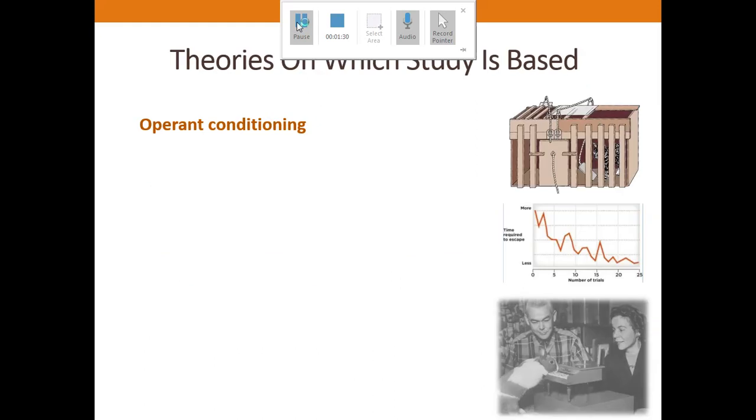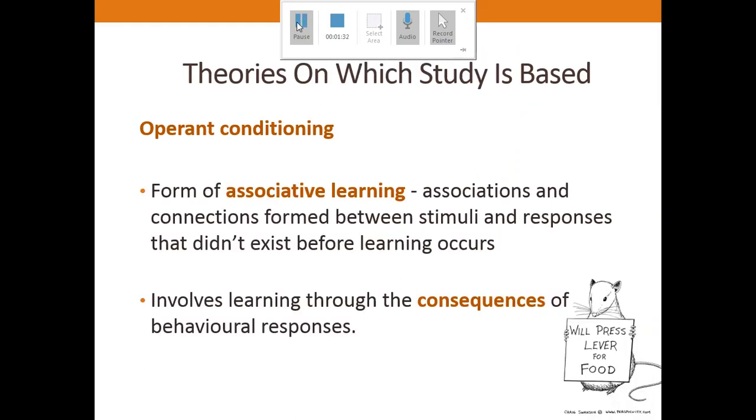Okay, so some of the background theories that we need to know about. A theory on which this study is based is operant conditioning. So operant conditioning is a form of associative learning. So you've got associations and connections that are formed between a stimuli and a response that didn't occur before learning.